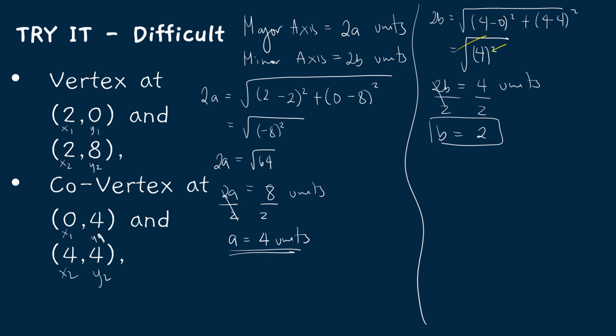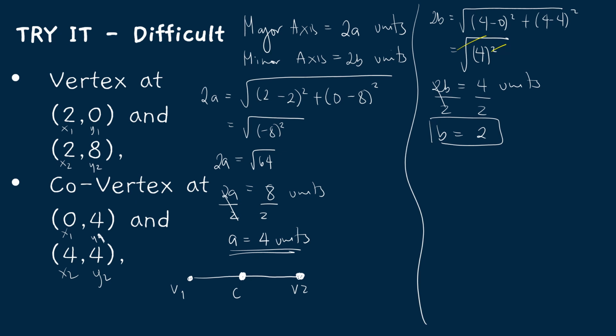But before that, remember that the vertices V1 and V2 are the endpoints of your major axis, and the center of our ellipse is the middle part of the major axis.